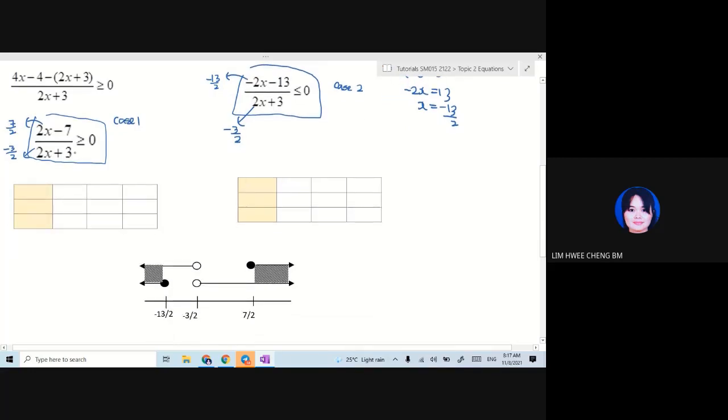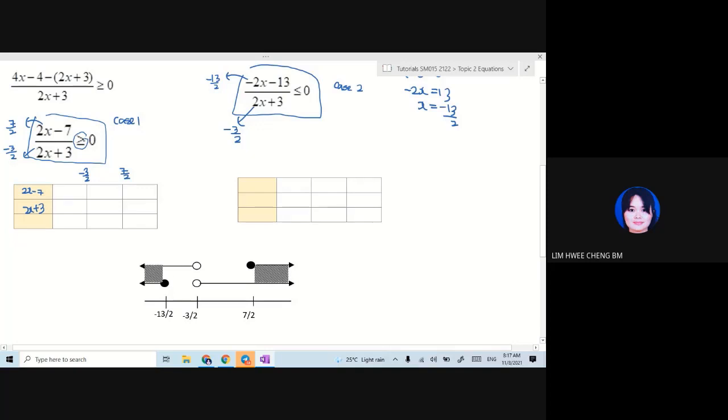For these cases, negative 3 over 2 should be on the left side, and 7 over 2 should be on the right side here. Please put the factors, 2x minus 7 and 2x plus 3. Since this has the include sign, be careful.